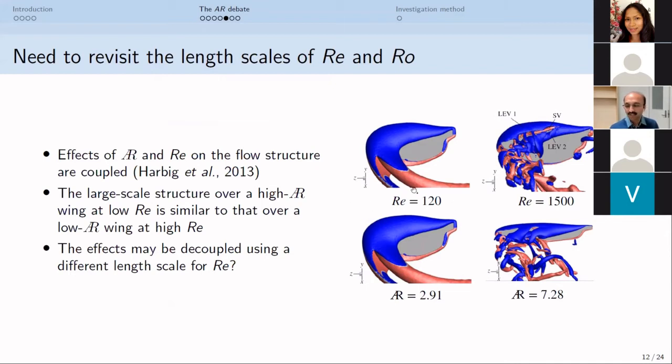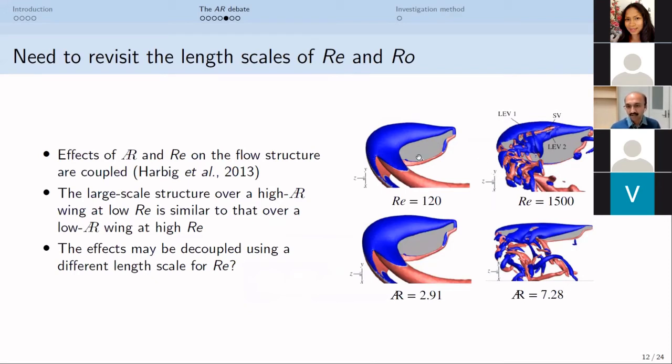And he observed one interesting thing here. If you look at the first row here, there's a fruit fly wing rotating at 2 different Reynolds numbers, and smaller Reynolds numbers show a single coherent vortex splitting after it merges with the tip vortex.